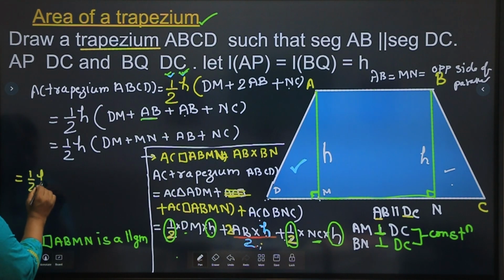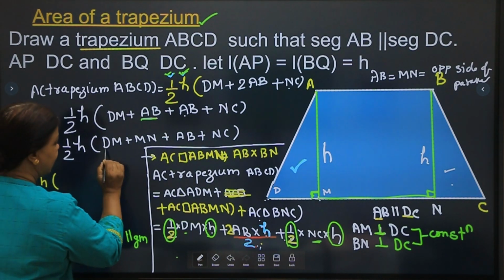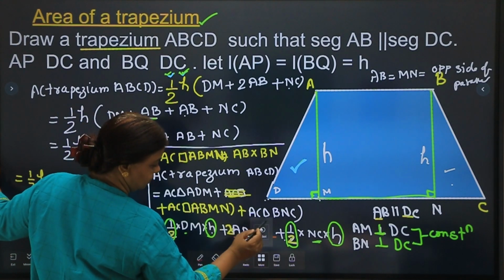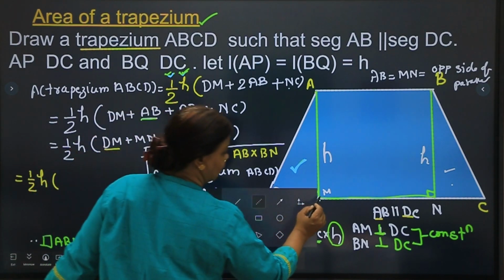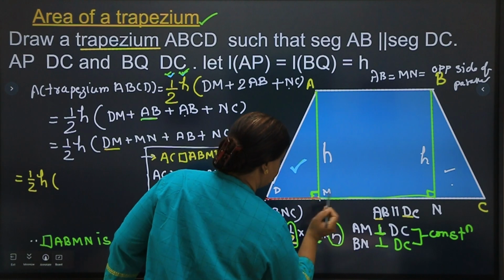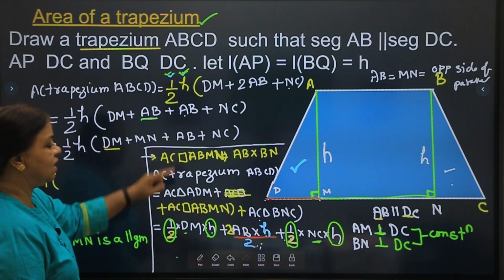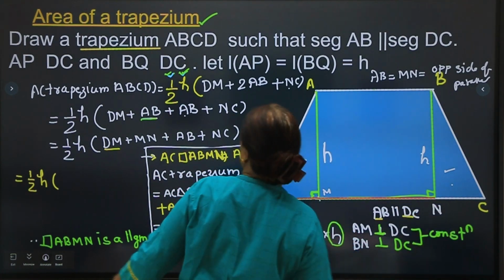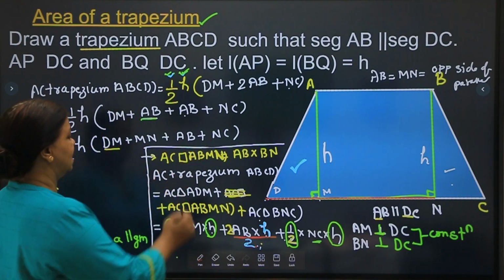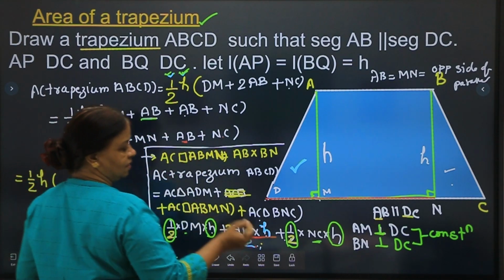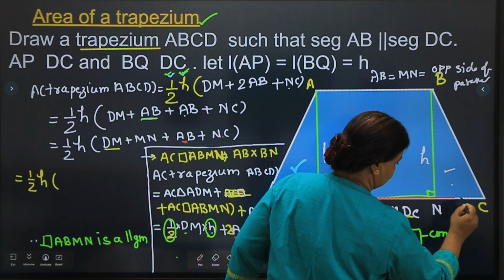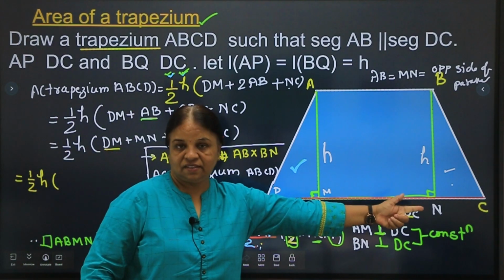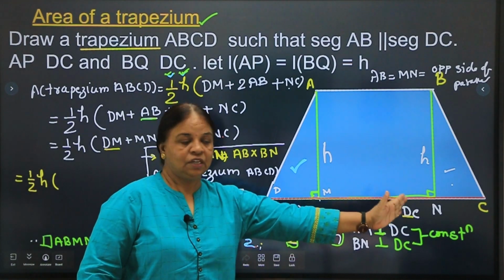Half H, DM, where is DM? DM, plus MN, plus NC. Where am I stopping? I am stopping at C, that means DC. Clear? Total it becomes DC.